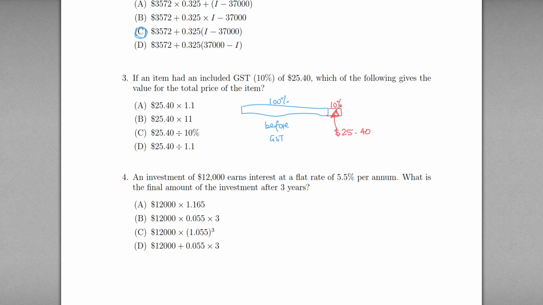Well, the red one's 10%, blue one's 100%, so that means the blue one holds 10 lots of the red blob. Okay, so what color am I? The red. 10 of these guys. Okay, which means in total the full price has 11 of those, which means that the correct answer should be B. Okay, 11 of those. Okay, because that's how many of red blobs make up the whole price.